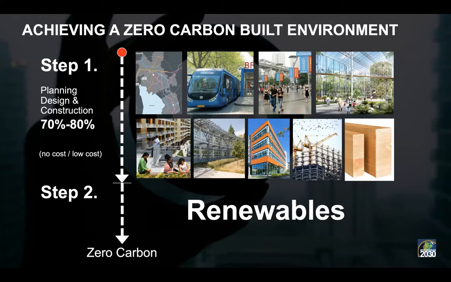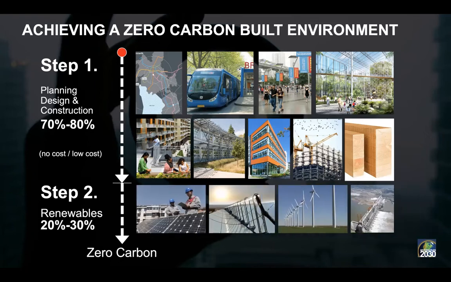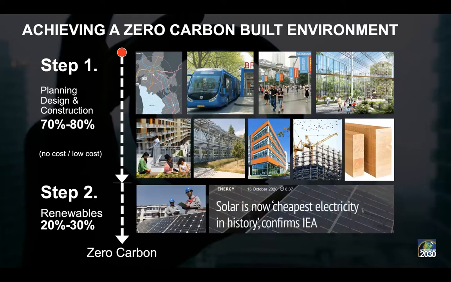All of that will get us 70 to 80% of the way to zero carbon. And then to get the other 20 to 30%, we add renewables, everything from on-site solar to utility scale solar, wind, hydro, and geothermal. And we know now that solar is the cheapest electricity in history. That's confirmed by the International Energy Agency.